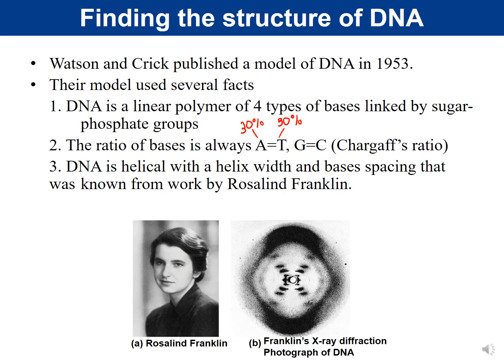Combined, notice that makes up 60%, which means that the remaining 40% was left to G's and C's. And so half was G and half was C. So 20% were G, 20% were C's. So G equals C. And again, no matter what species, no matter which organisms they looked at, A equals T, G equals C.